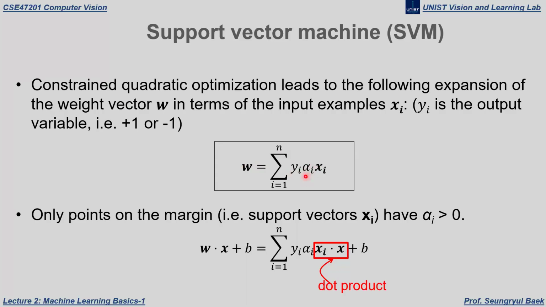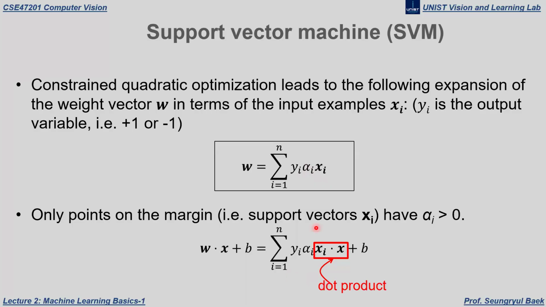But this alpha value has to be found. So this closed form solution actually has to be performed by first finding the alpha value, and this alpha value has some complicated process to find actually. It has to be found via the optimization.